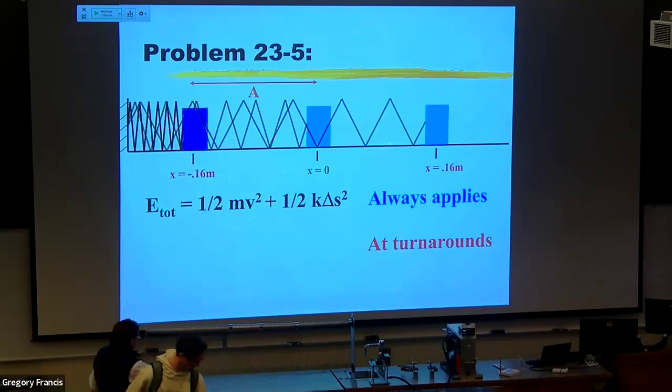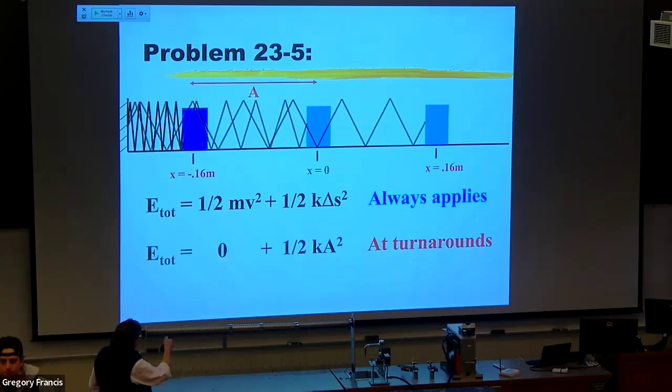Delta S is how far you are away from equilibrium, how far you are away from the length of the spring that it came from the factory with. So it's either the stretch or the compression. Well, at the turnaround, this delta S has a very special value. It's A. And is it positive A or negative A? I don't care, because it's squared.